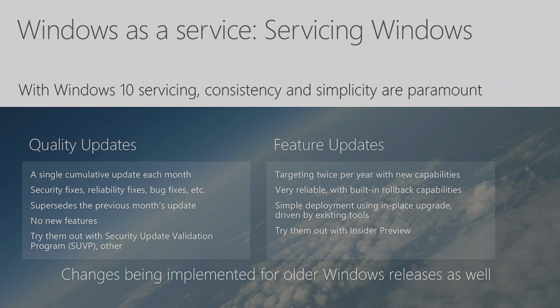That allows you to do deployments of those non-security fixes to potentially a subset of your population to validate those non-security fixes before the next Patch Tuesday, because the next Patch Tuesday, the update containing the new security fixes, will also have those non-security fixes in it as well, since everything is cumulative.